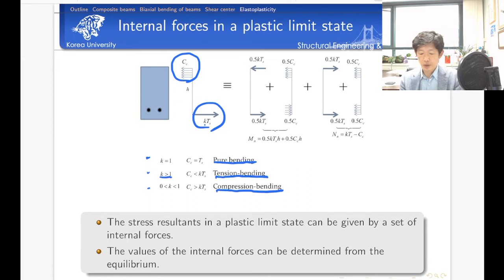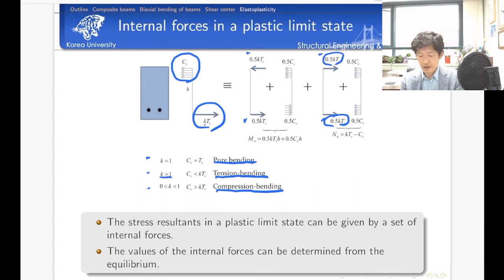In that case, we can decompose the problem into two. Make sure that we are using the principle of superposition for only the internal forces. So we consider a combination of the symmetric loading and the anti-symmetric loading here. We decompose K, the tensile force, half of it here, and also half of it here.